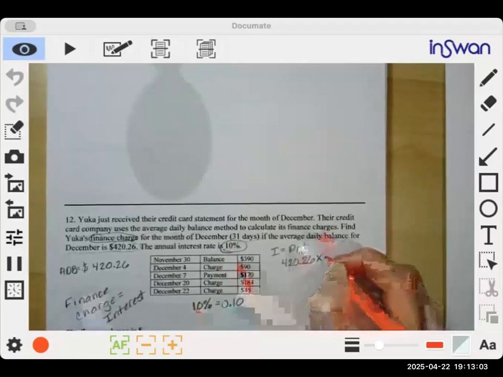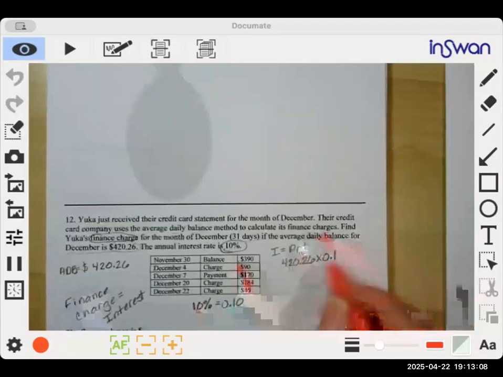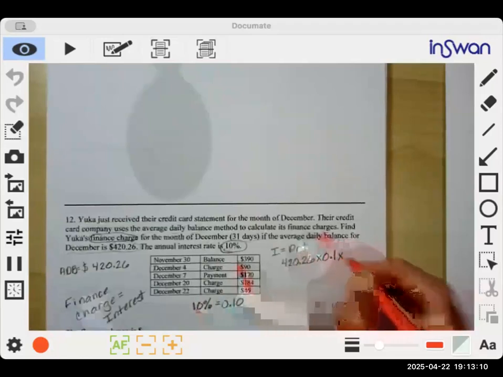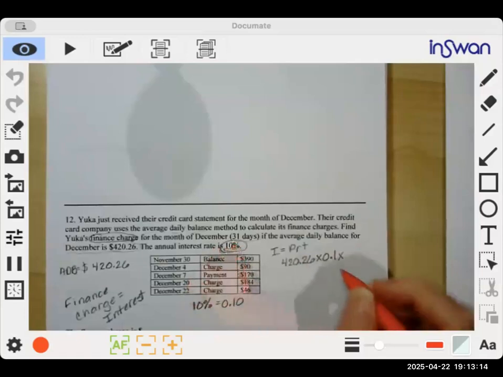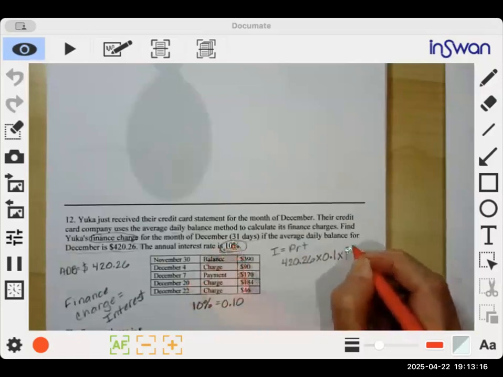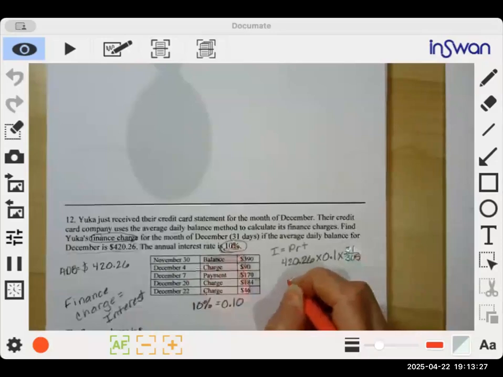So times 0.1. And then our time, they were nice enough to tell us that it is 31 days in the month of December. So 31 out of 365 days in the year. So if we multiply all that together, we get a finance charge of $3.57.